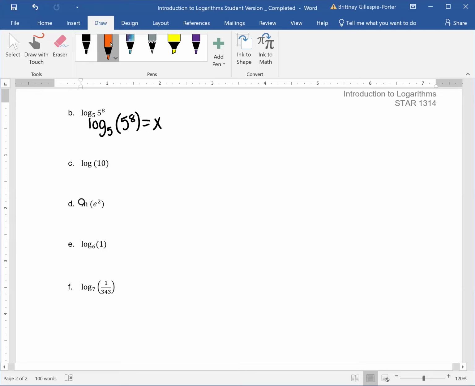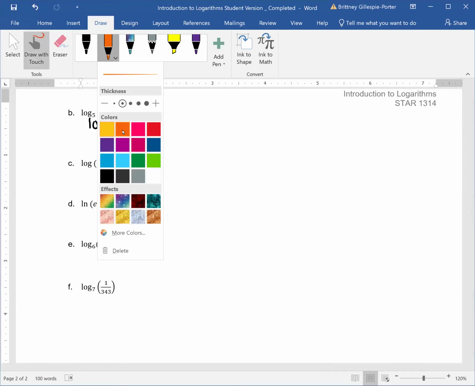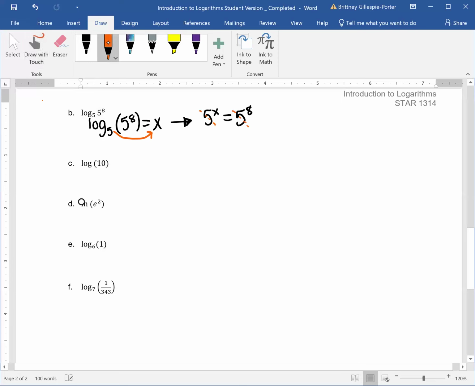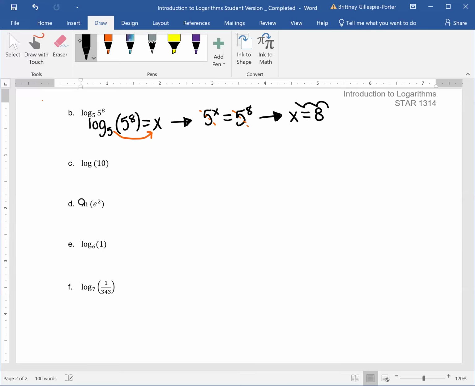Okay. We're going to do the Spidey method where we swing up to get our exponent. So we get 5 to the x is equal to 5 to the 8. Because our bases are the same, they can go away, and we find out that x is equal to 8.